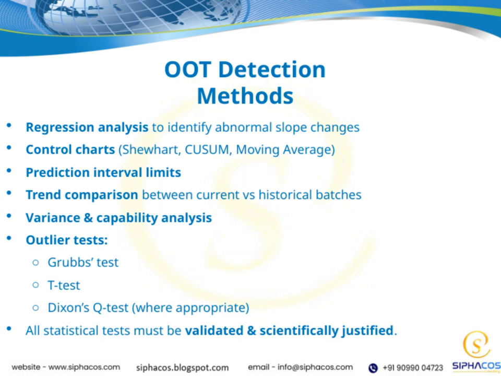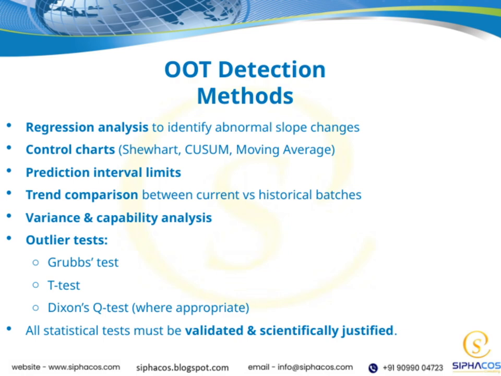Variance and capability analysis are crucial for understanding the consistency and performance of our processes. They allow us to quantify variability and determine if our process meets specifications. When it comes to outlier detection, we rely on statistical tests like Grubbs' test, t-test, and Dixon's Q-test, where applicable. These tests help us identify data points that are significantly different from the rest, which could be indicative of anomalies.